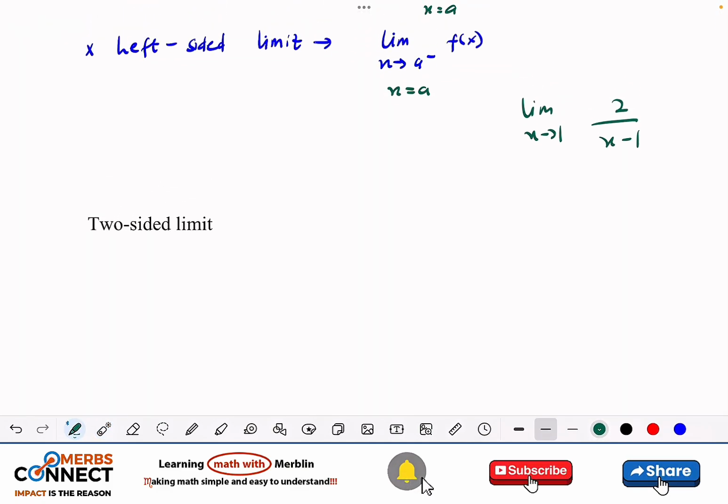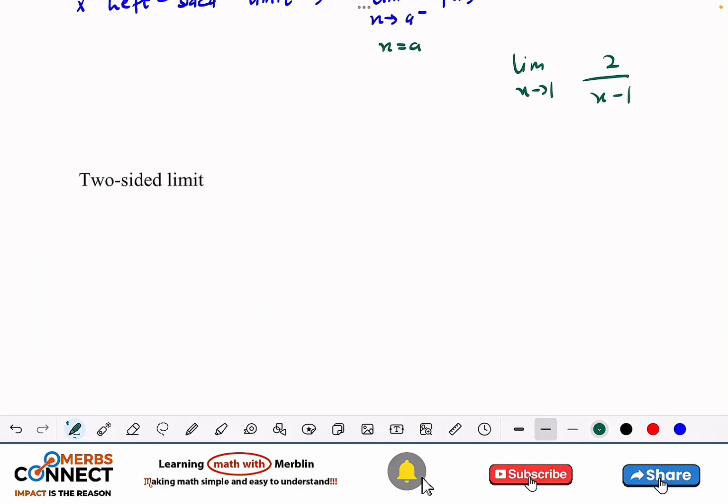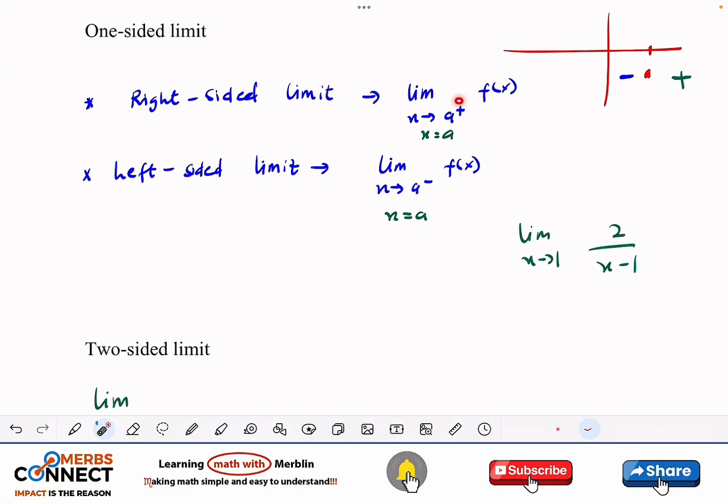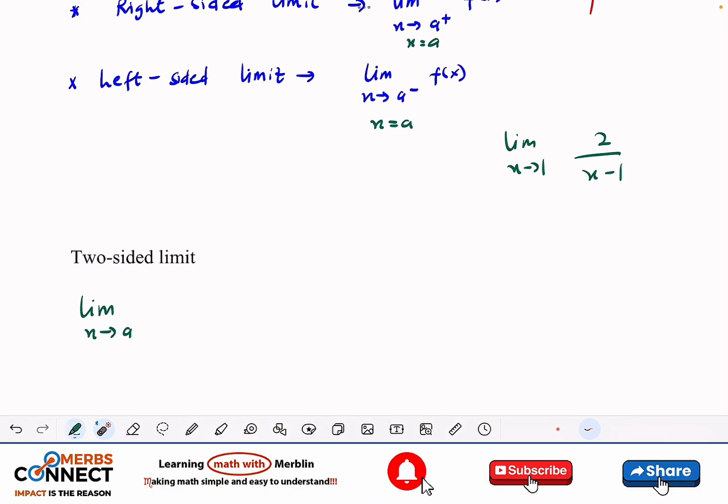The two-sided limit is: limit as x is approaching a. You see that here we are not showing any sign. Everything that we were doing from the previous video to here was two-sided, because we did not have positive and negative signs showing that we are coming from the negative or positive.